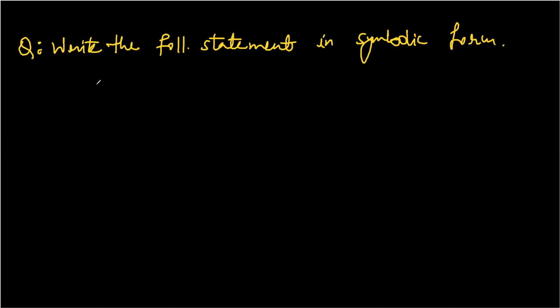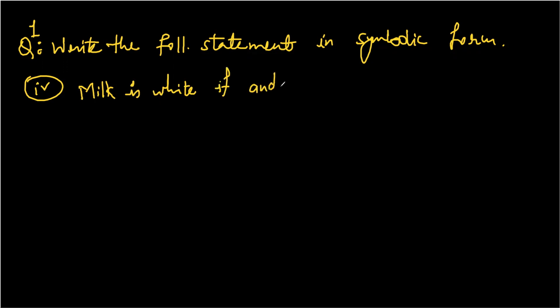So here the statement given is, there are several, I'm solving the 4th one in question number 1. It is, milk is white if and only if the sky is not blue.